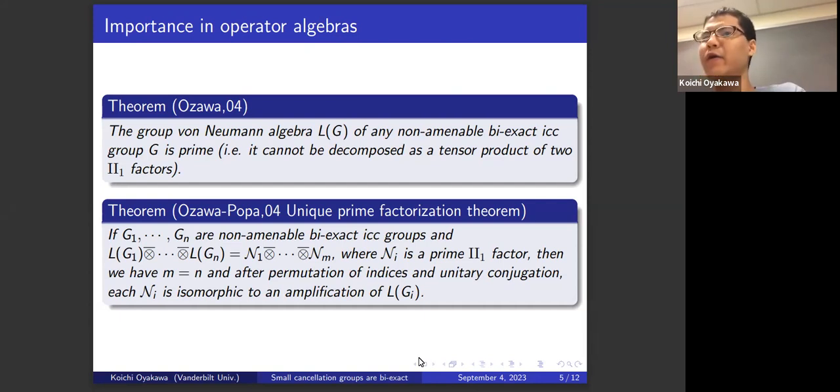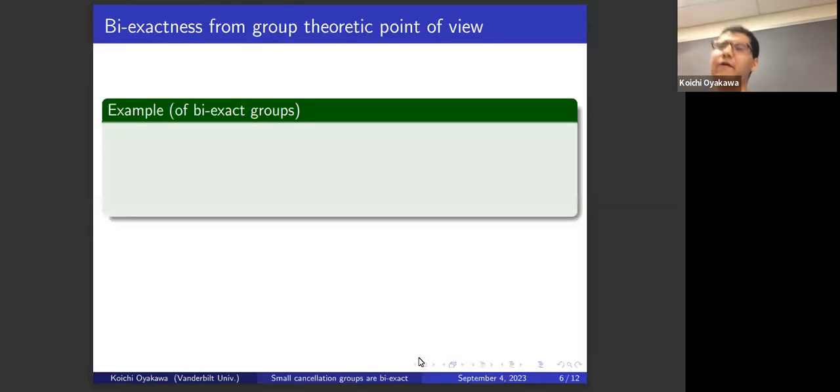And there are many other results about bi-exactness. What I want to emphasize here is that people in operator algebras are very interested in this property. So now, as a group theorist, a natural question is, what is an example of a group with such a nice property?